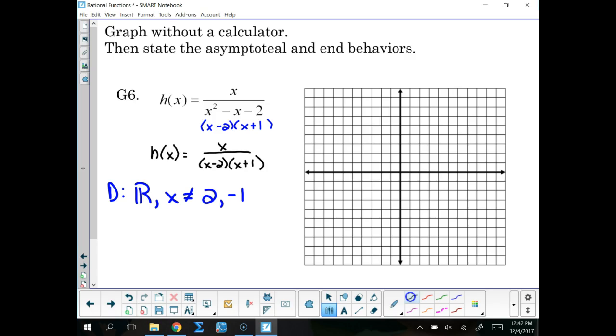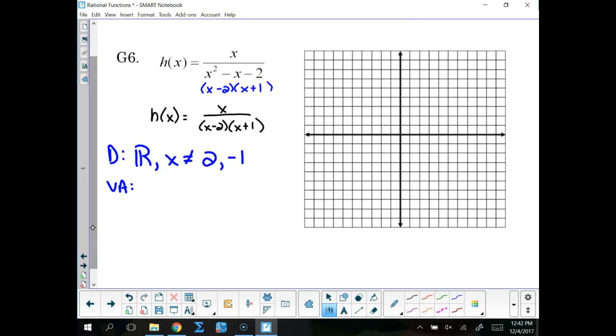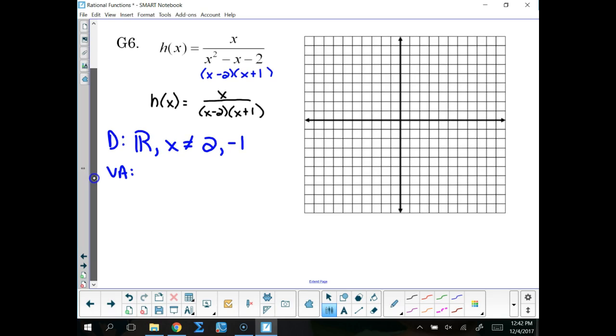So that means that I've got a vertical asymptote at x equals negative 1 and x equals 2.